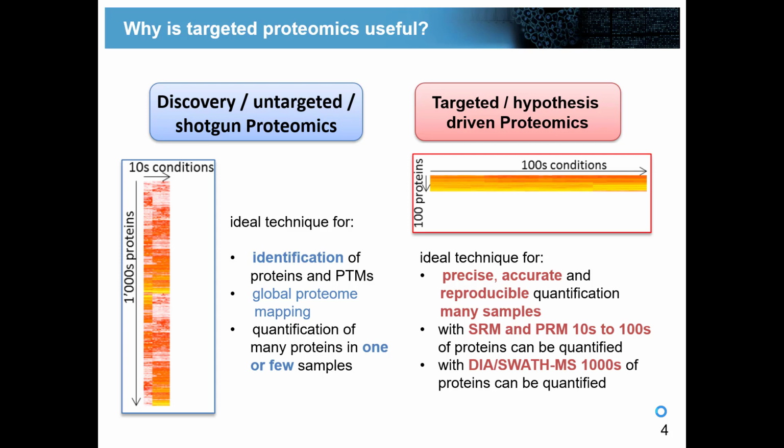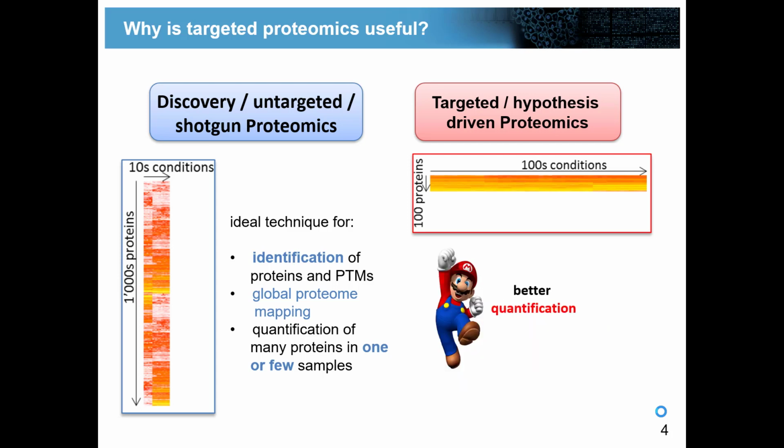And with technologies like DIA, you try to combine these two worlds and generate quantitative data results that are both long on the protein list as well as lots of samples, and a comprehensive, complete list. Okay? So better quantification, more consistent, more reproducible, more accurate quantification.